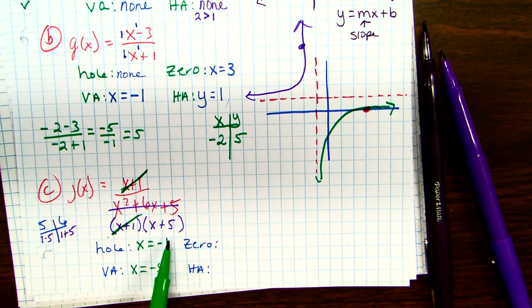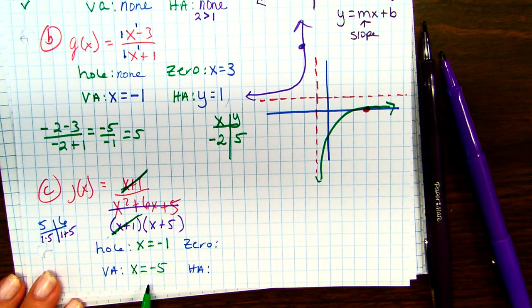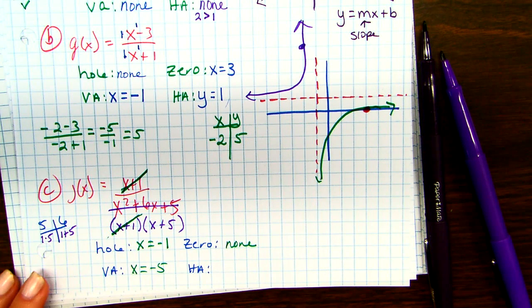Whatever's left in the denominator, if there is anything left, that's your VA. And anything left in the numerator would be a 0. There's nothing left in the numerator. This would be none, not 0, okay? None. The only thing left is the HA, the horizontal asymptote, remember.